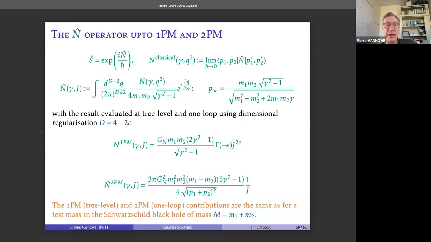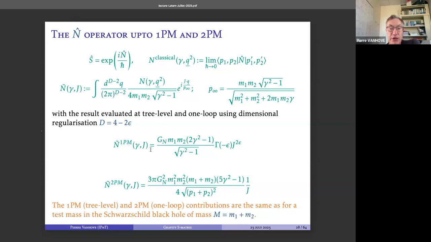I Fourier transform n, and instead of using the impact parameter, I use the angular momentum j. Instead of having b times q, I'm using j over p infinity, and p infinity is a quantity that people in classical GR use.